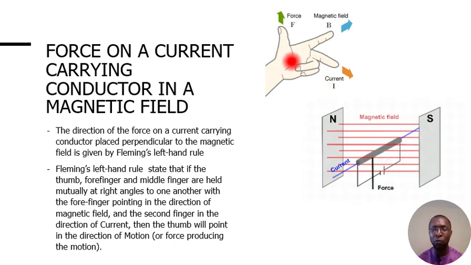So from his left hand rule, he is able to establish the directions of the magnetic field, the current, and the direction of the conductor itself. Okay, so this is the rule.